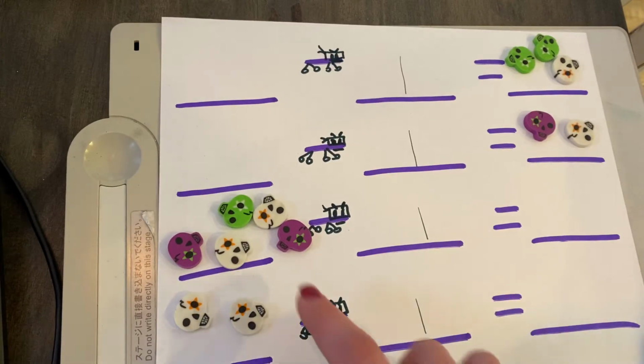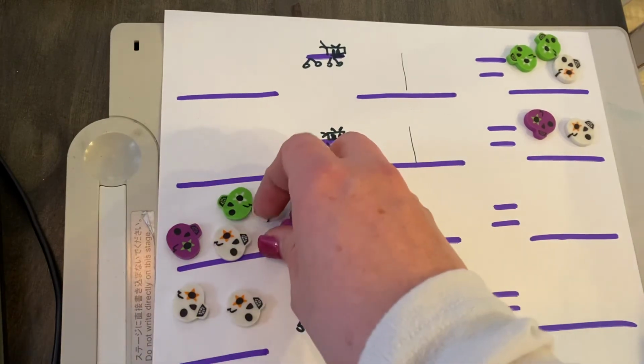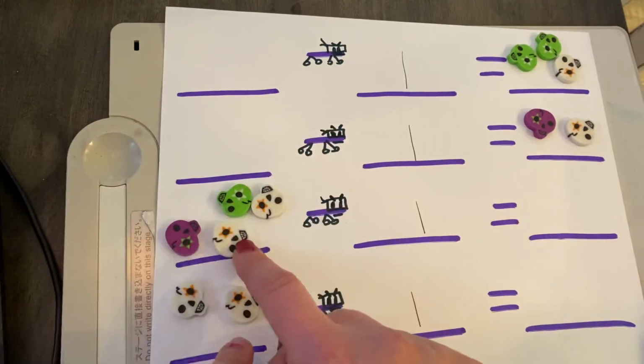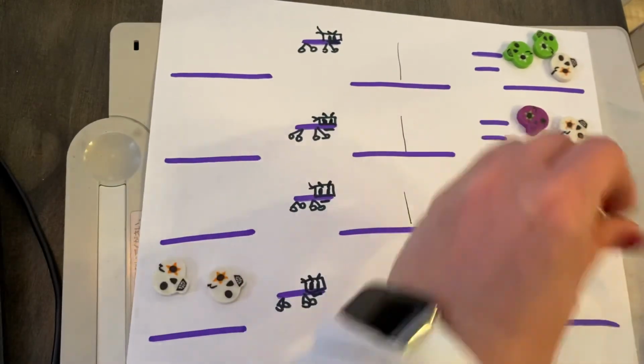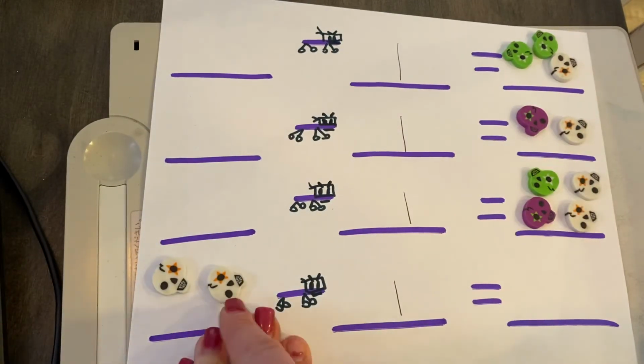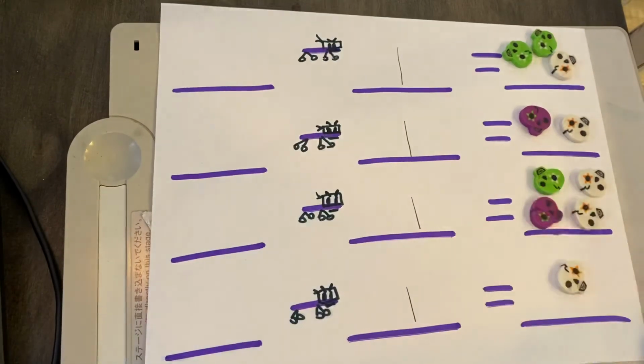All right, then we have 1, 2, 3, 4, 5. Linus the Minus is stealing 1. So 5 minus 1 equals 1, 2, 3, 4. 2 minus 1 equals 1.